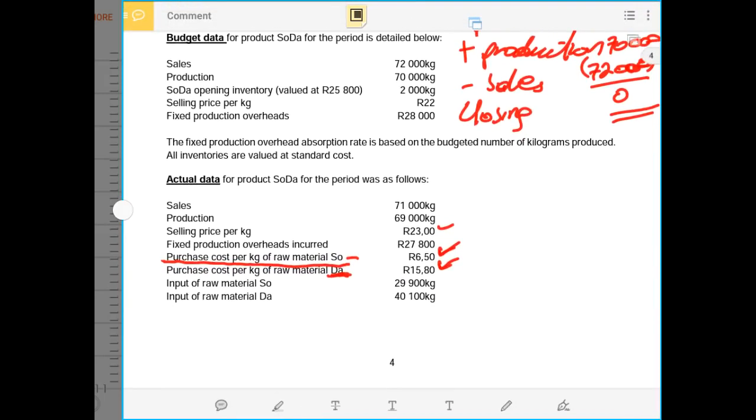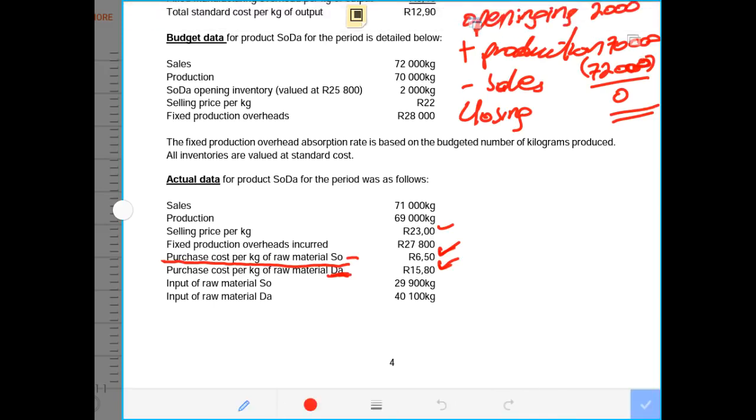Then we go to the input of raw material. These are the kgs that were introduced at the beginning of the production process, which is 29,900 kgs and 40,100 kgs.